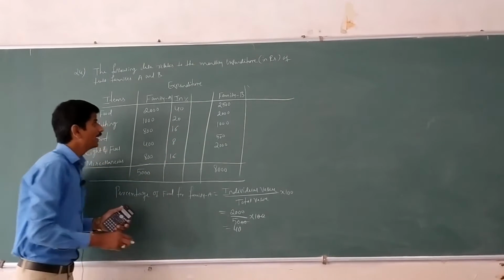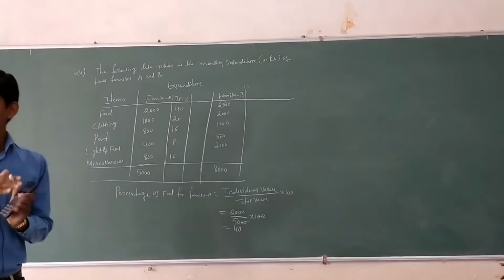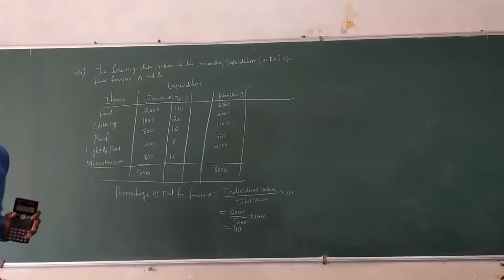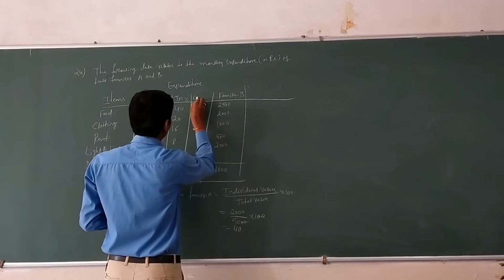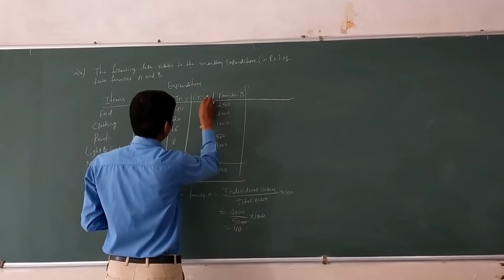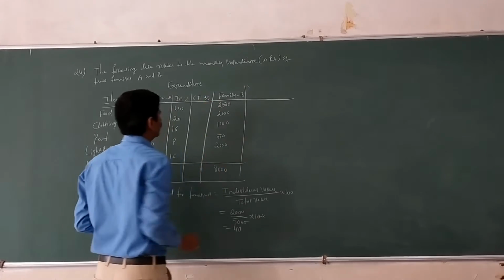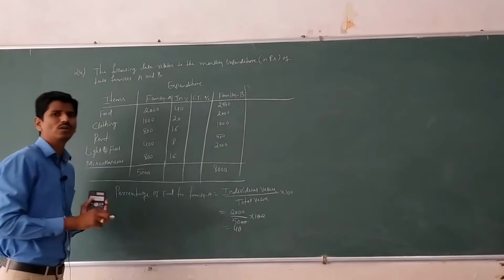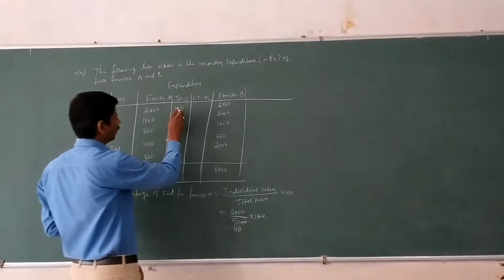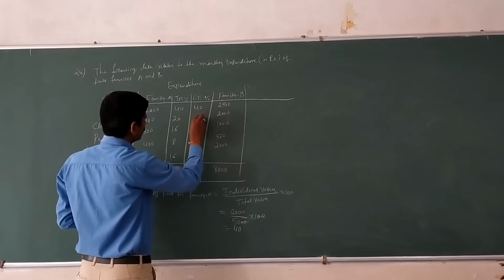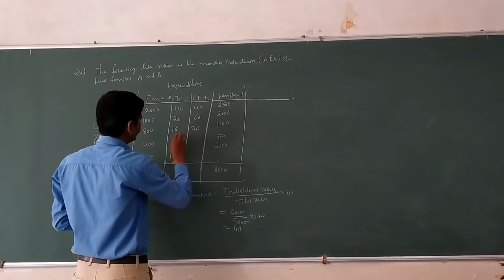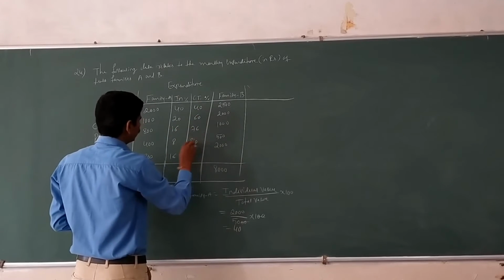The percentages should be converted into cumulative percentages. Here next we have to find the cumulative total percentages, that is, cumulative less-than frequencies. For the first one both are the same. 40 plus 20 is 60, 60 plus 16 is 76, 76 plus 8 is 84, 84 plus 16 is 100.